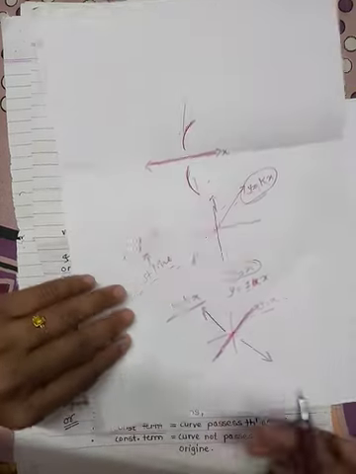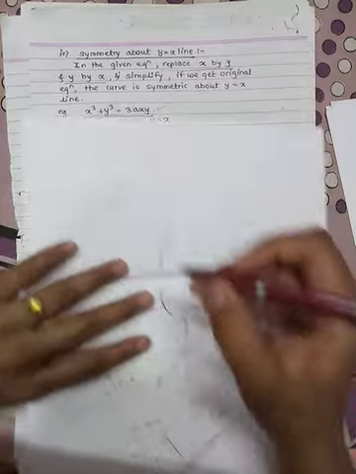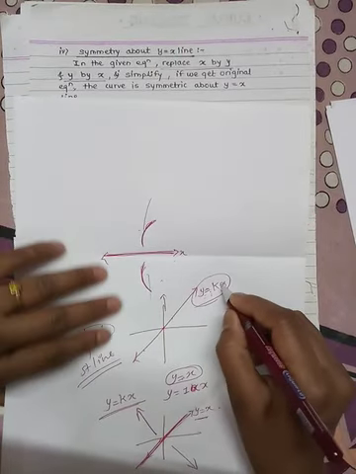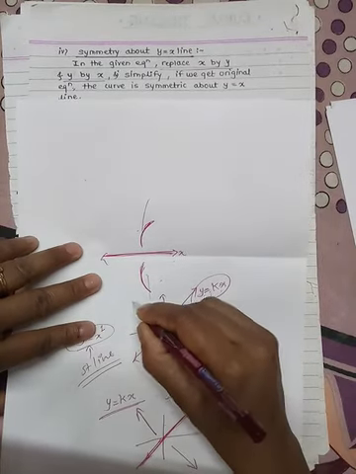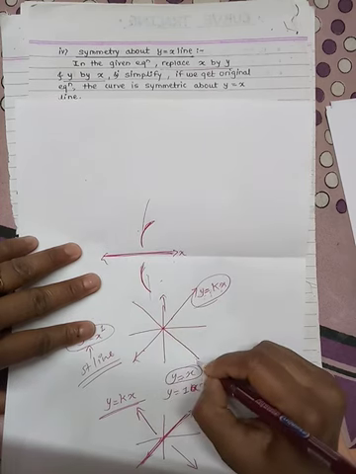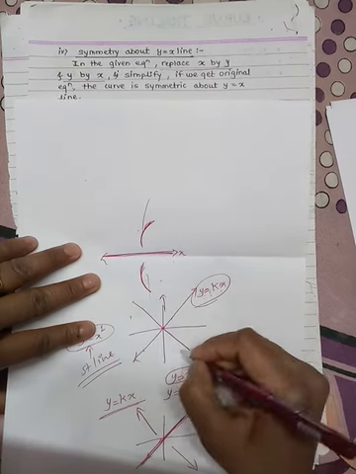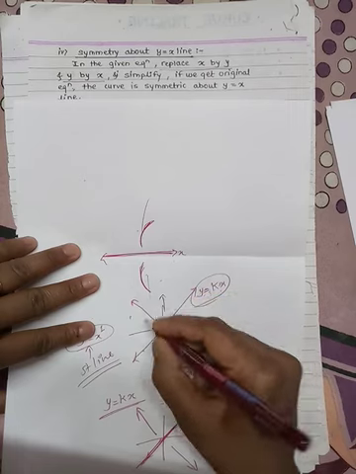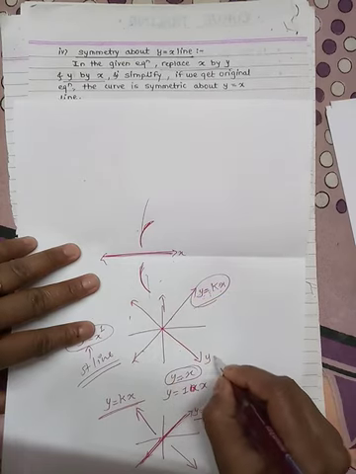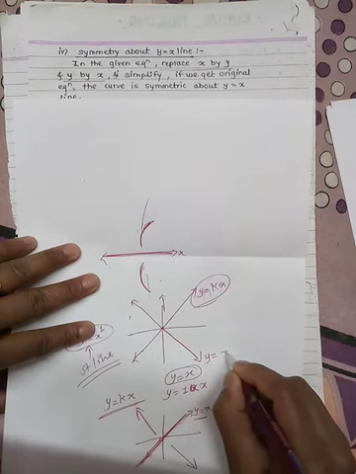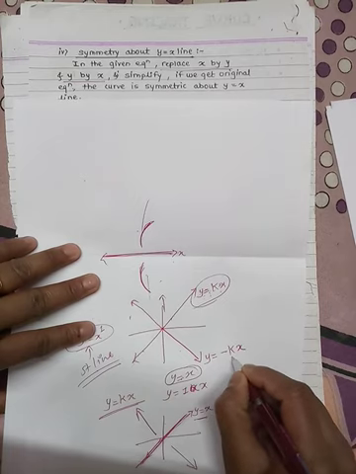So the general equation is y equal to kx, and if you draw the straight line in the second and fourth quadrants, this is your second quadrant, this is your fourth quadrant. The straight line has the general equation y equal to minus kx.